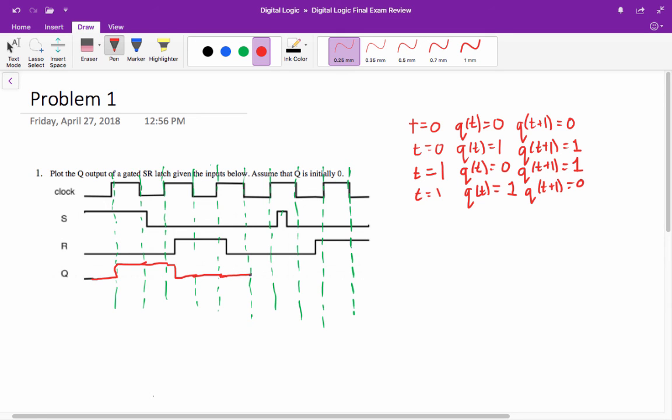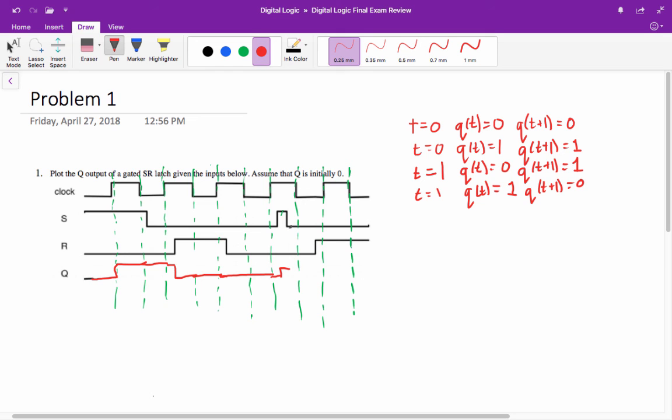So it will continue like that, and it will continue through the 0 clock cycle without any change. And now in this clock cycle, let's see what happens. During this little part right here, S becomes 1. So it's no change, because they're both 0, until we get to that part. Here S becomes 1, that's a set, so Q will become 1.